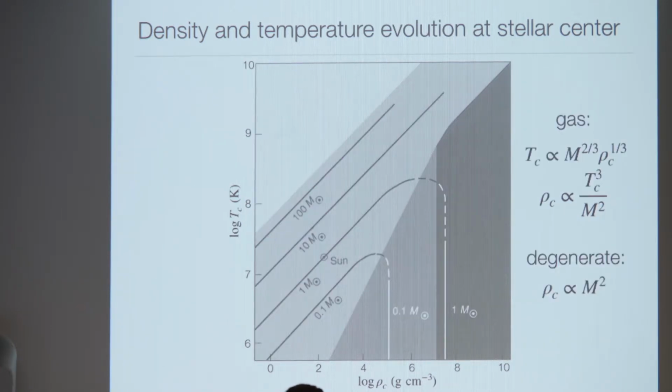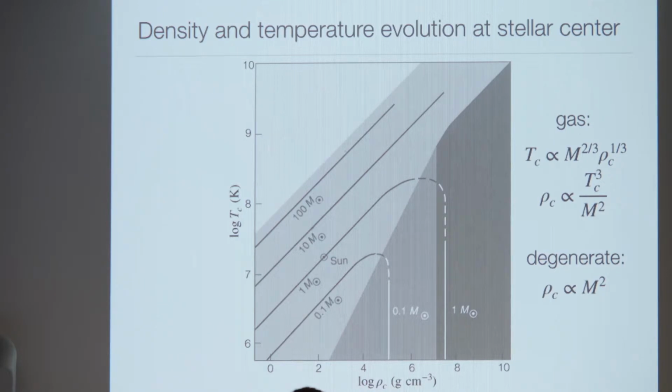So this line will never touch this region. If the mass is sufficiently high, then this will just keep climbing without any effect from the degenerate pressure. And 100 solar masses is of course much farther away from this degenerate gas region, but it gets closer to this radiation pressure dominated region.